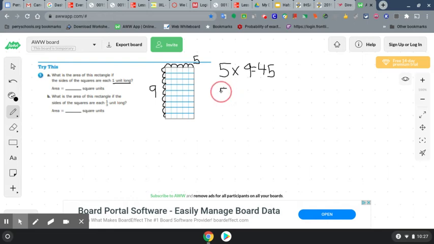So I have 1, 2, 3, 4, 5, 6, 7, 8, and 9. I have 9 5s.